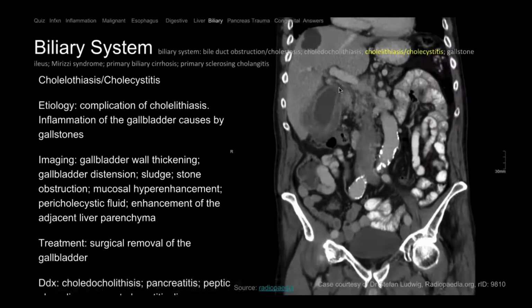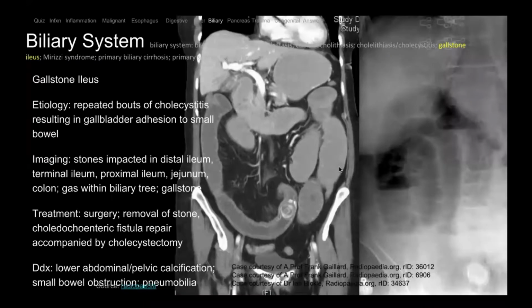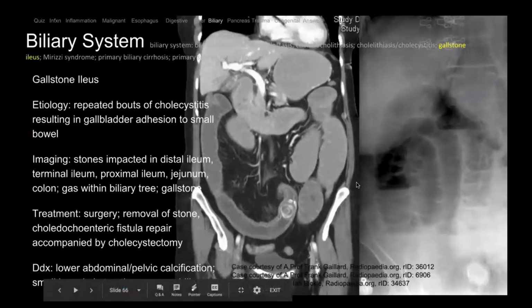The key is, you want to make sure there's not a CBD stone, because you might be able to take out the gallbladder, but if there's abnormal bilirubin and you're worried about a CBD stone, you need to get an MRCP, because you can get CBD obstruction, because the cholecystectomy doesn't address the CBD, it only addresses the gallbladder. So we need an MRCP if there is elevated bilirubin and you're worried about obstruction.